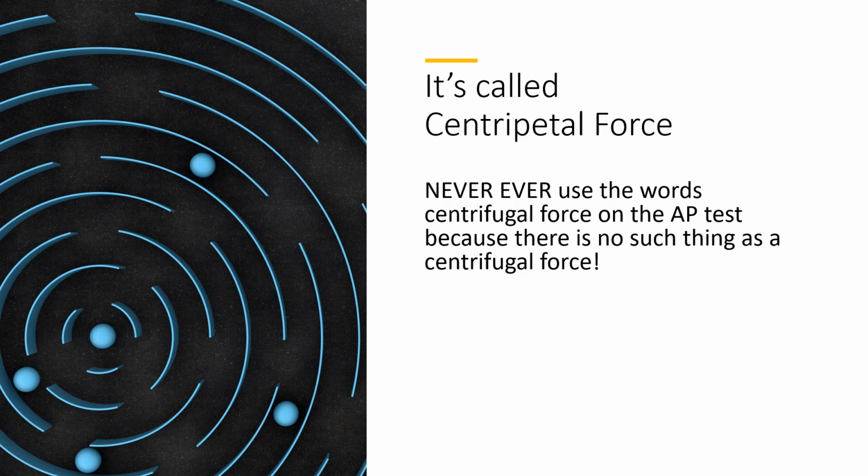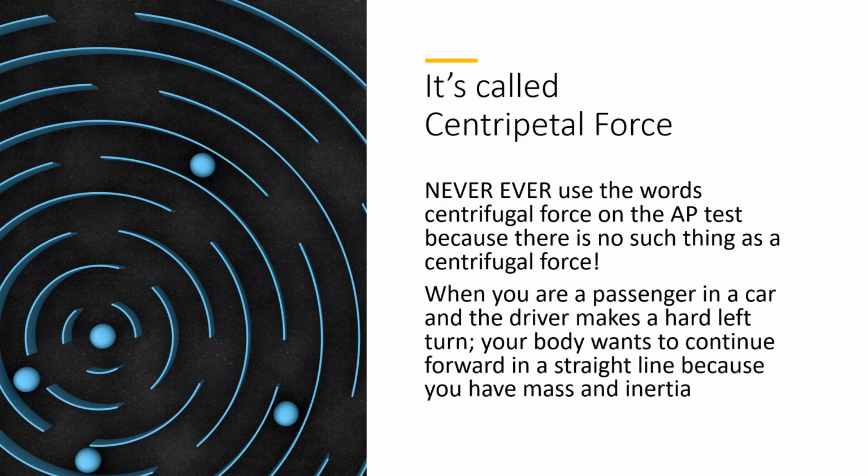The car has a force applied on it from the friction on the road that's causing it to go in a circle, but you don't have that force. You just continue in your inertia on your path that you were on, which is a tangent, right? So you continue as if you're going out of the car continues with that path. So that's really what's causing that, inertia and mass.